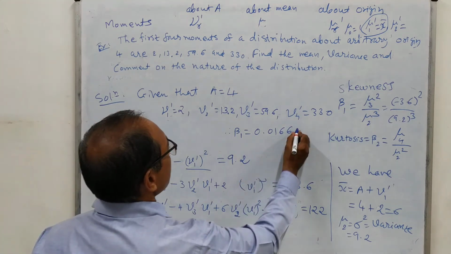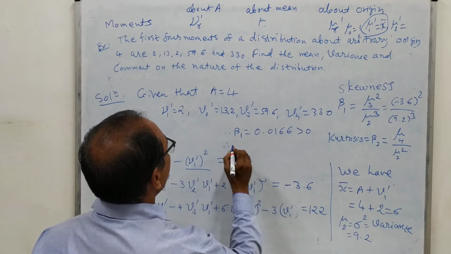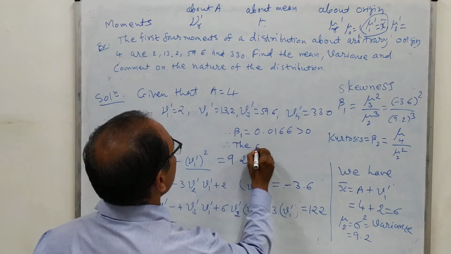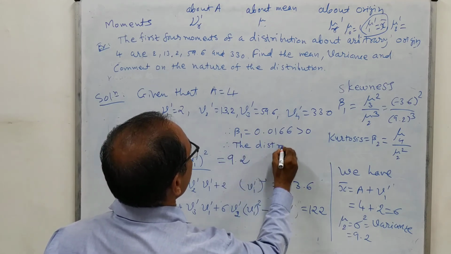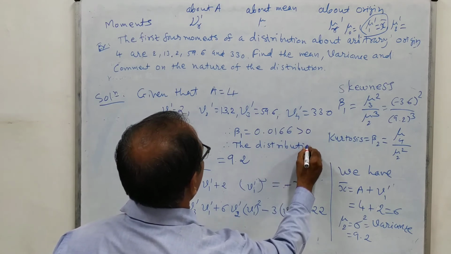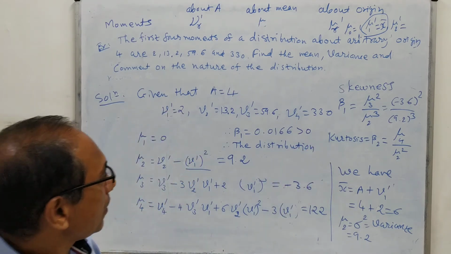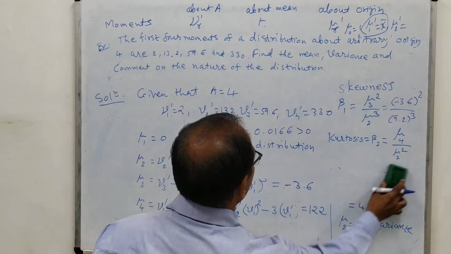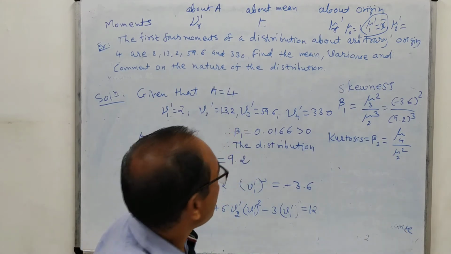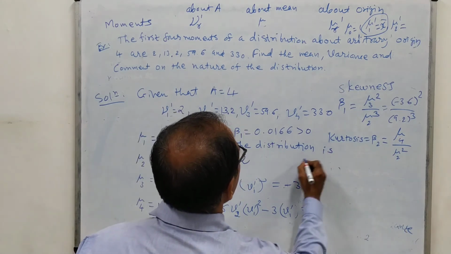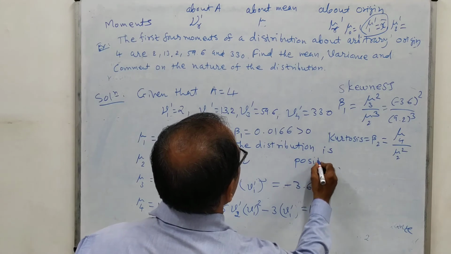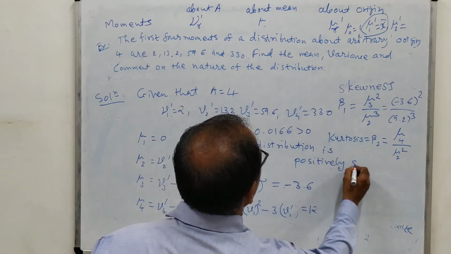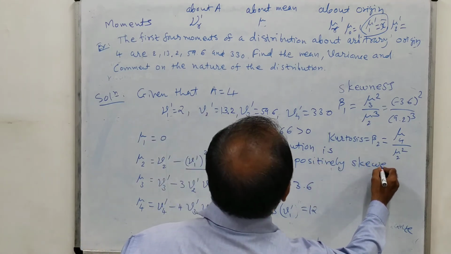Here it is greater than 0, therefore the distribution is positively skewed.